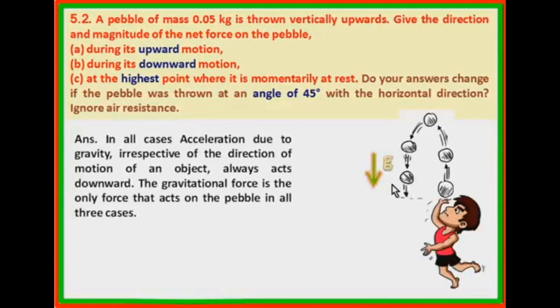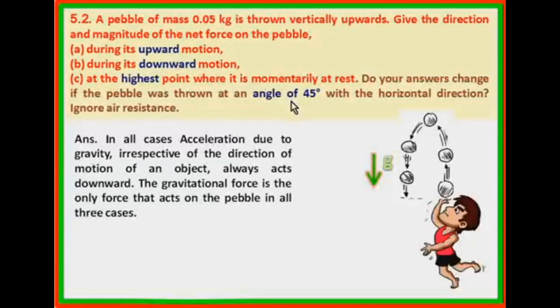So irrespective of which direction the object travels, upward, downward, at the highest position, or at an angle, the gravity will always act downward. So the acceleration of the object is going to be only the acceleration due to gravity. Only gravity will act in all the cases.